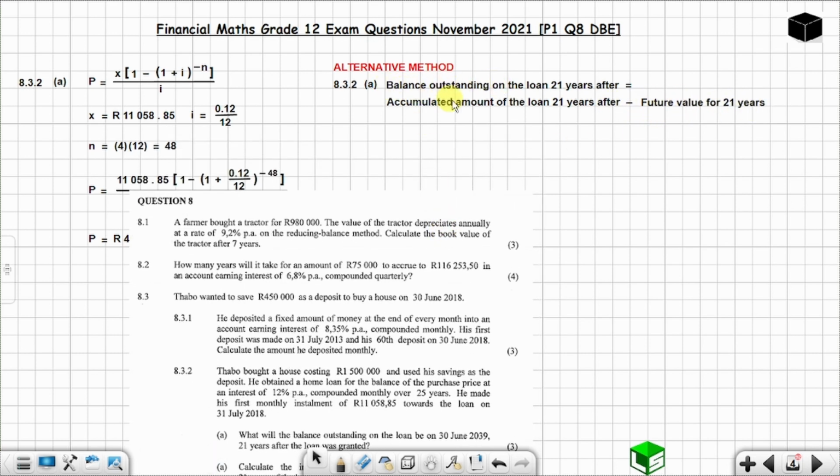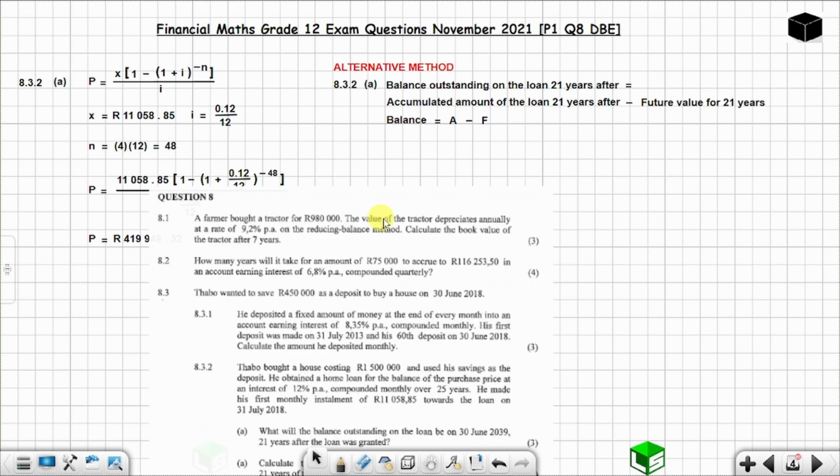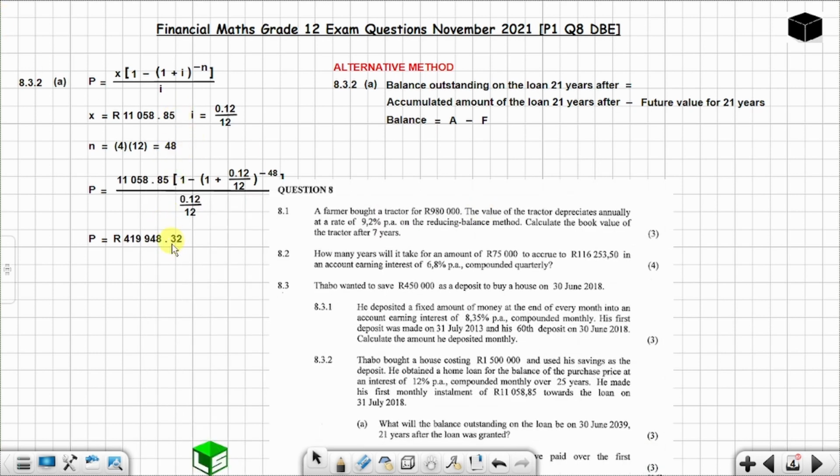So the balance outstanding on the loan is equal to the accumulated amount, this is A, the compound interest formula, minus the future value formula. So you can also use this method to solve this question. You are going to find an answer which is close to this answer.